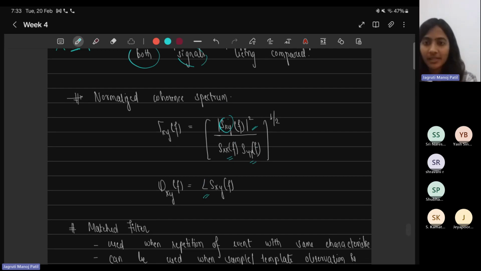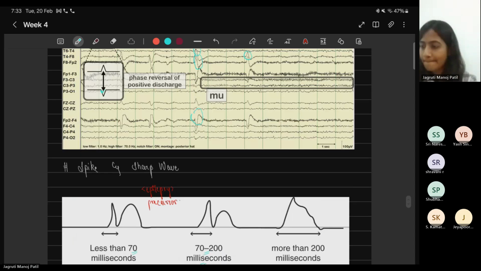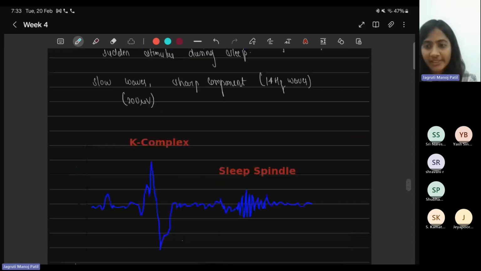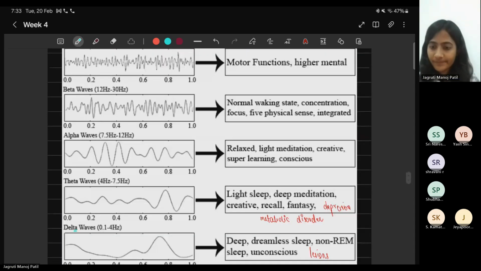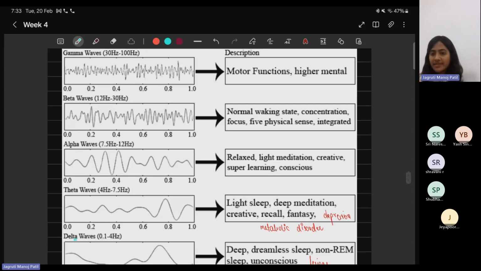Do you guys have any doubts in EEG, or event detection in EEG? If not, we'll go through the assignments, the 10 questions, that's it.